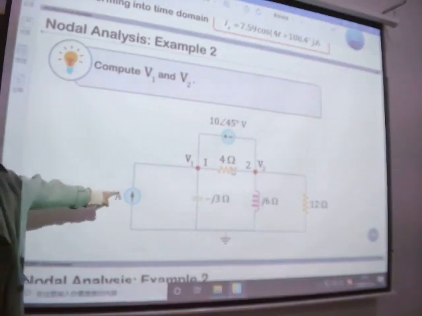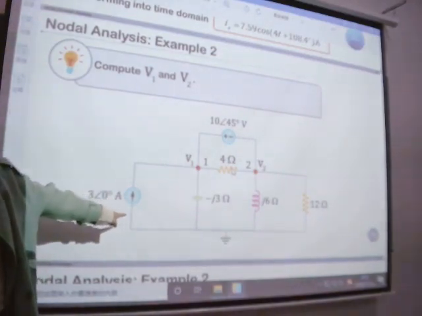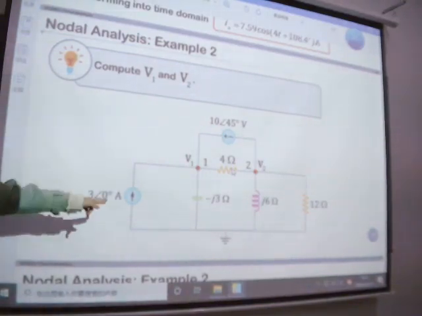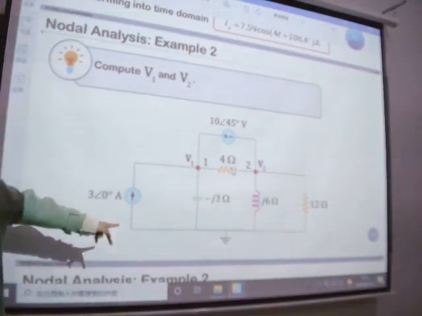So we know the value here is impedance. But here we calculate the G, so we need to use admittance. We need to take the reciprocal of this value. Remember? Take the reciprocal of this value.